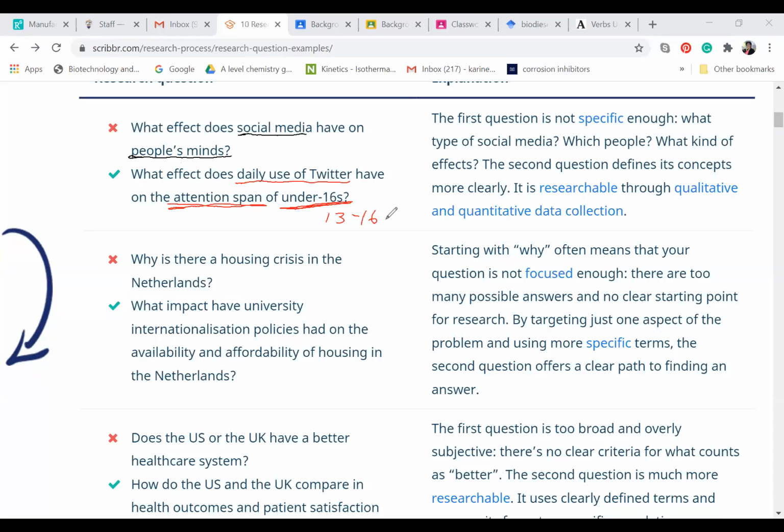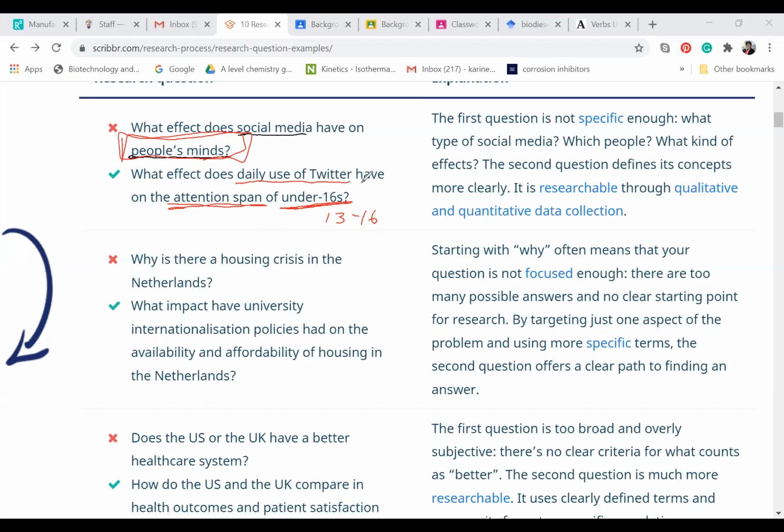So here, this people's mind needs to be specified. Actually, we should have also specified in which country. Daily use of Twitter on the attention span of females 13 to 16 years old in Jamaica.